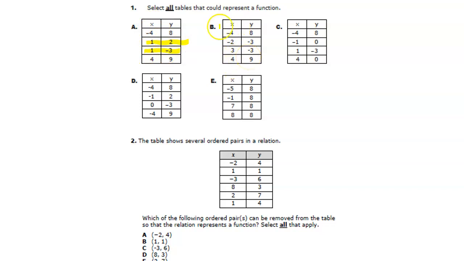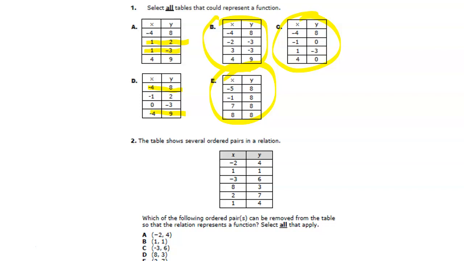B, no x values are repeating, so it looks good. C, -4, -1, 1, 4, no x values are repeating. D, -4, -1, 0, -4, so we have -4 with 8 and 9. And then E, -5, -1, 7, and 8, no x values repeat. So I end up with my answers of B, C, and E.